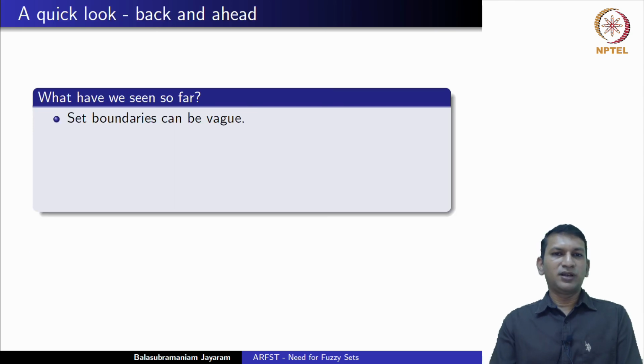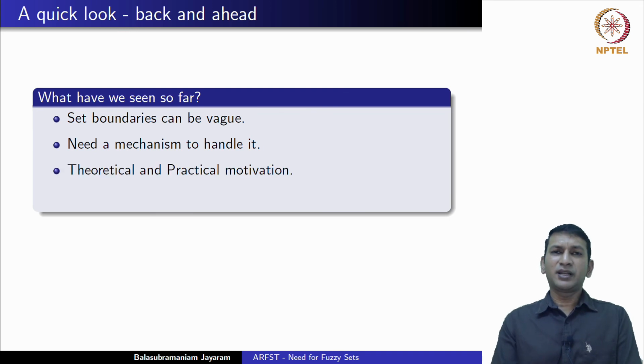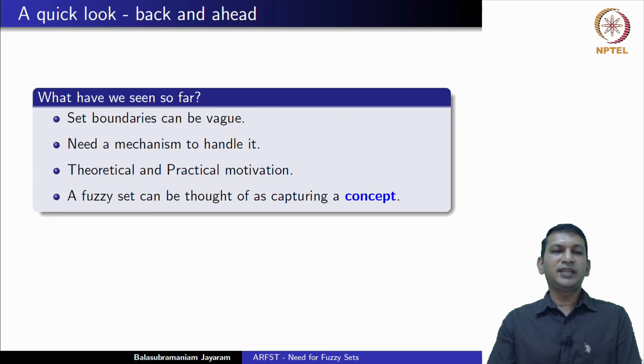A quick look at what we have seen in this lecture so far. From a theory perspective, we have seen that set boundaries can be vague. We need a mechanism to handle it, and there were clear theoretical and practical motivations for this. And if you were to be asked what is a fuzzy set, it can be thought of as capturing a concept.